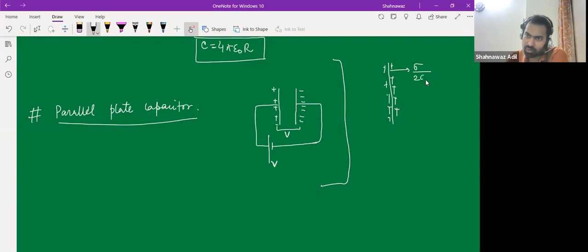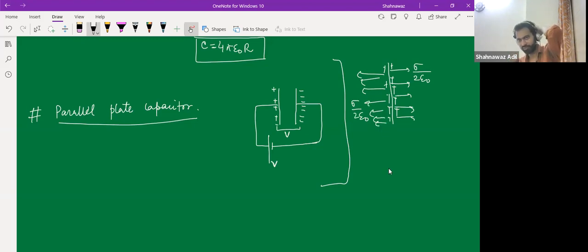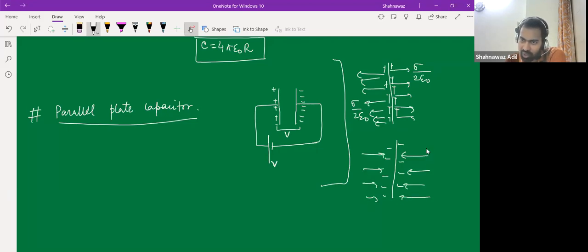So sigma by 2 epsilon, right? And in this direction also we have sigma by 2 epsilon, right? So is this correct, Mariam and Hafsa? For the negative one, the electric field will be in this way, direction would be this, but magnitude would be the same, sigma by 2 epsilon. Is this clear?